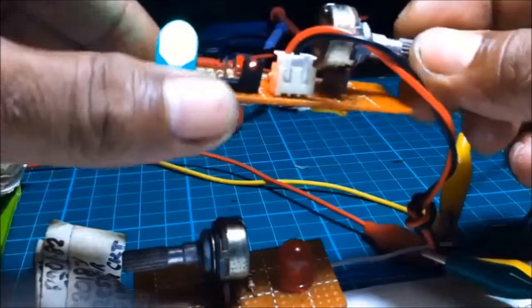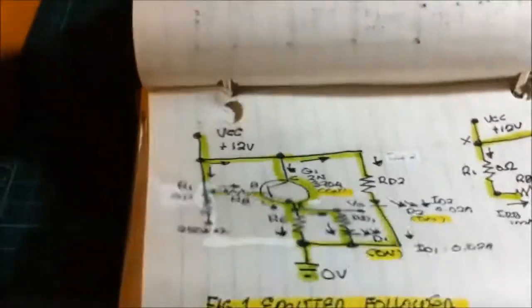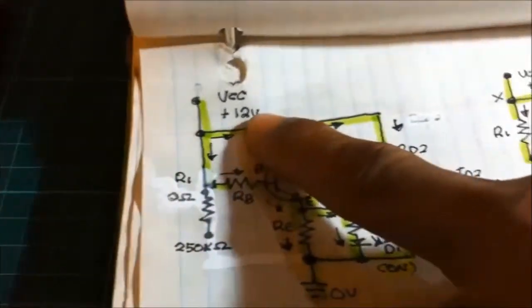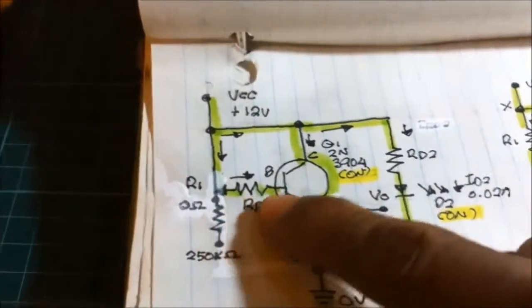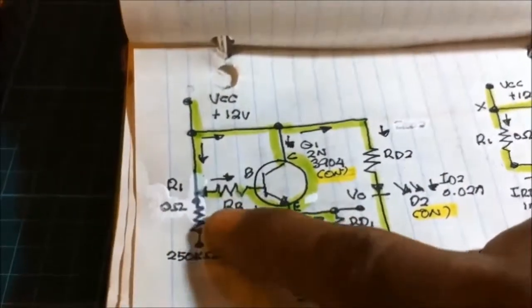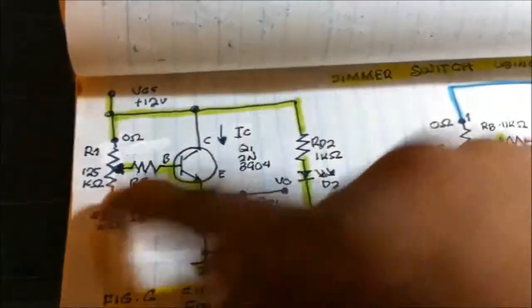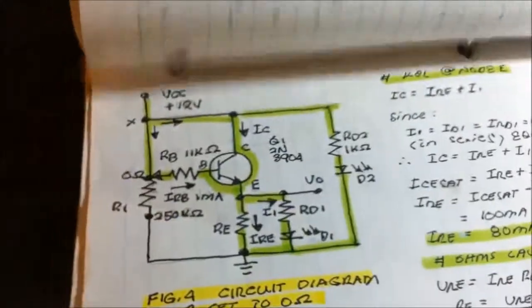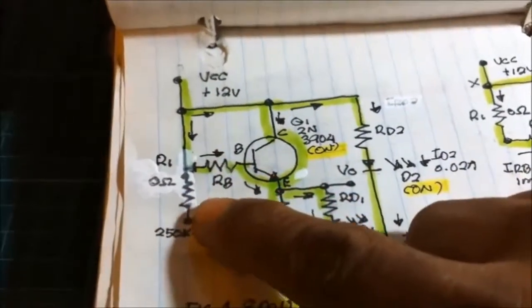We are now going to see the design of the circuit. I'm using a 12 volts power supply. The base is connected to the middle. That's the initial. Or let us say, let us first set this potentiometer.